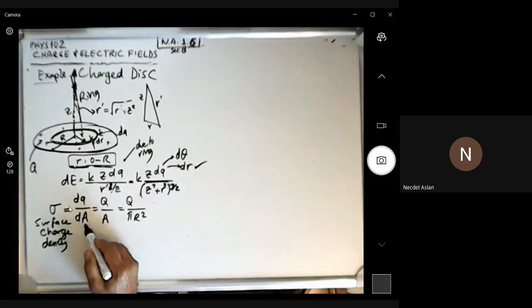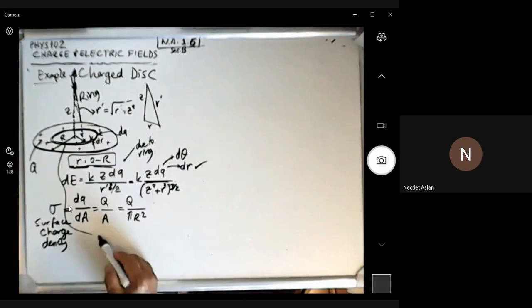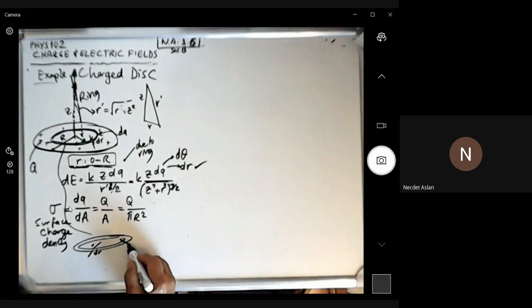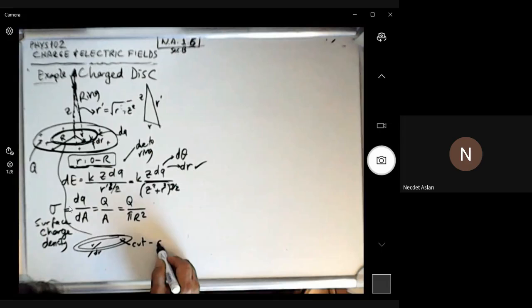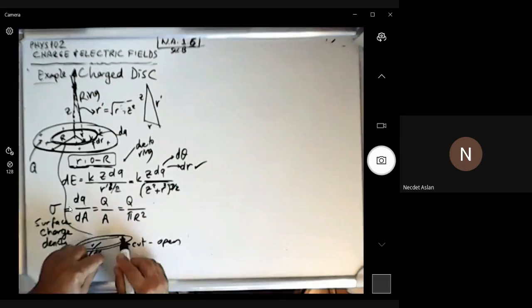But what about this dA? Now, if you look at this stripe, the radius is r and the thickness is dr, don't forget. If you cut from here and open it, this shape will be like that. Maybe the edges will be a little bit bent, but because the thickness dr is very small, this is almost rectangular in shape.